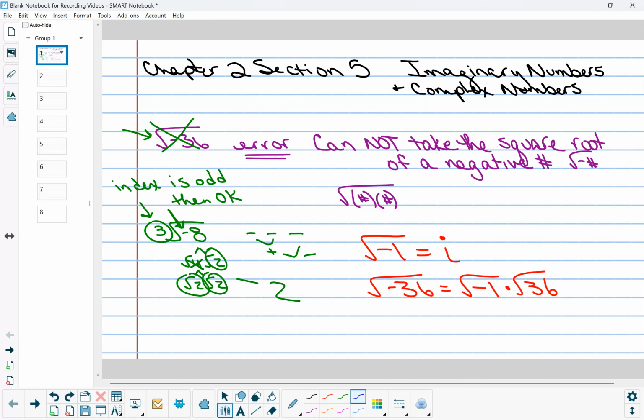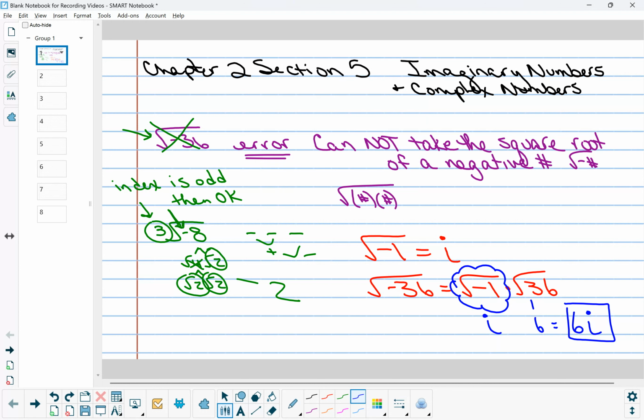And whenever you see the root of negative 1, you're going to let that be i. And then the root of 36 is 6. And so you're always going to write this as the number first and then the i second, and that would be 6i. And it would actually be plus or minus 6i, but we'll get into that later.